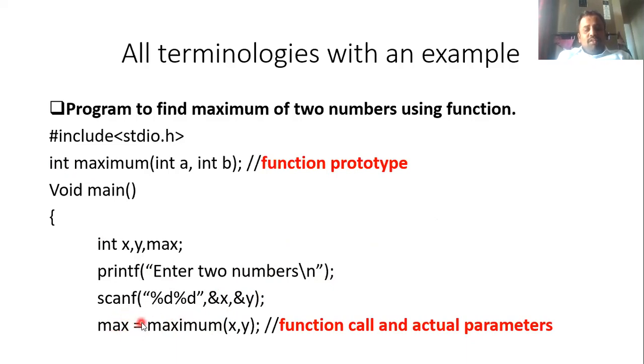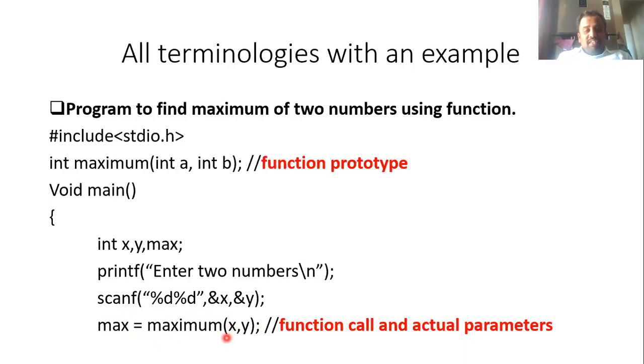Max is equal to, I'm calling the function; it will return some value, and that value needs to be stored in a variable. So I'm writing max is equal to maximum of x comma y. Once this particular function is called, the execution flow will immediately move to the function definition.